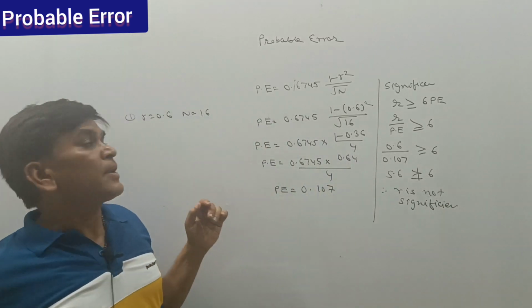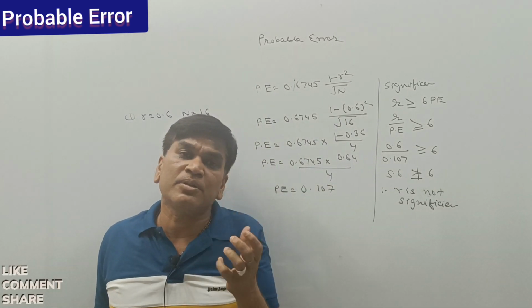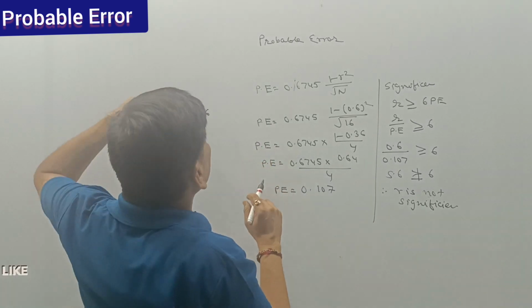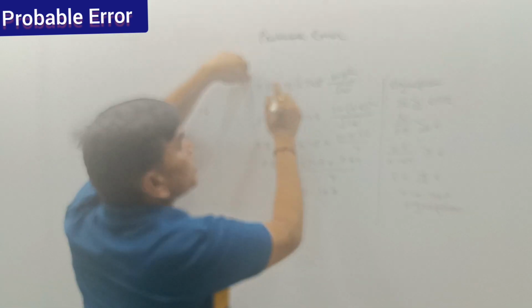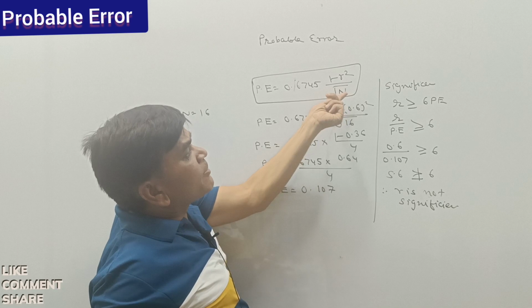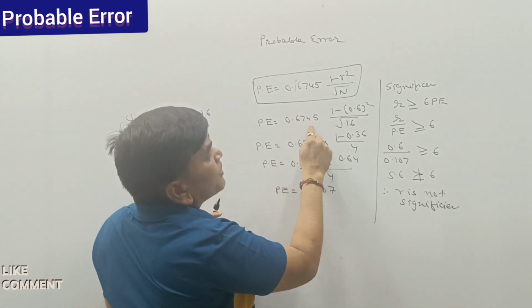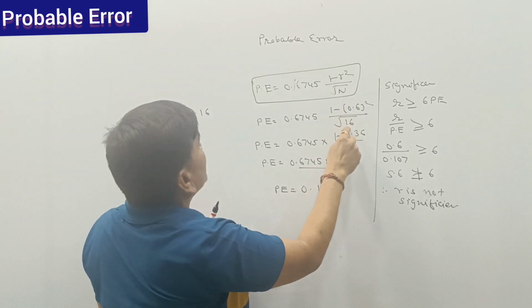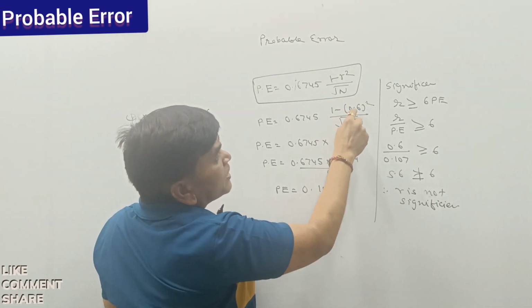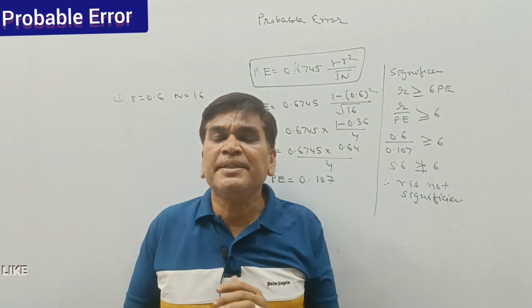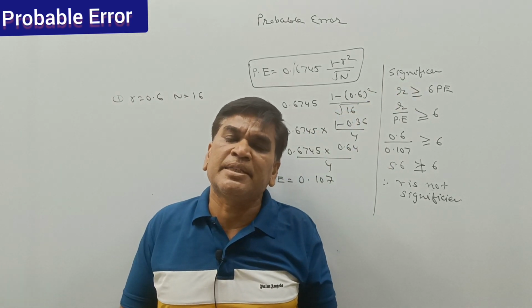To find whether our correlation is significant or not, firstly we calculate the probable error. The formula is 0.6745 multiplied by (1 minus r square) divided by under root n. With r as 0.6 and n as 16, the square root of 16 is 4, and 0.6 times 0.6 is 0.36, so 1 minus 0.36 is 0.64. For the significance test, we check whether r divided by PE is greater than 6.